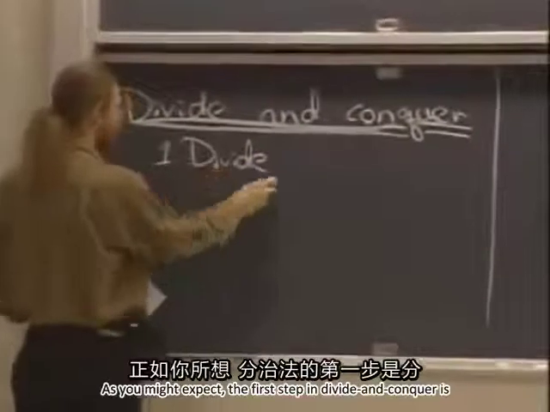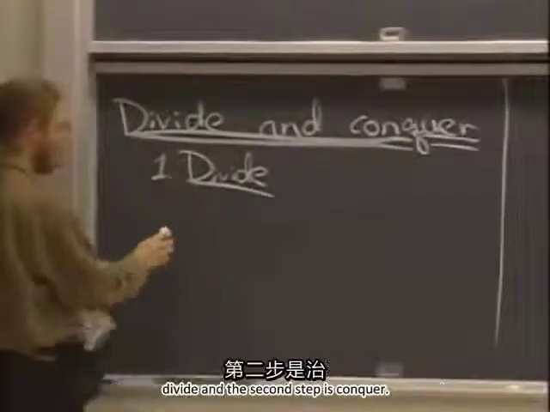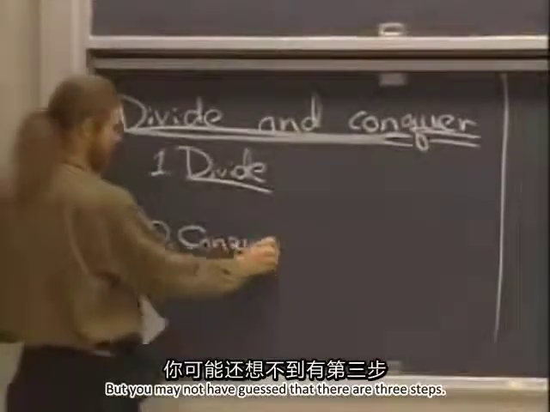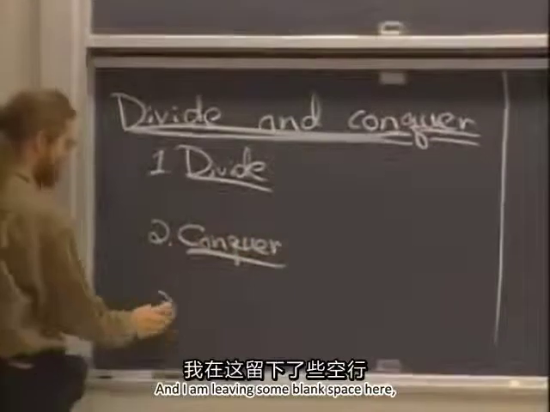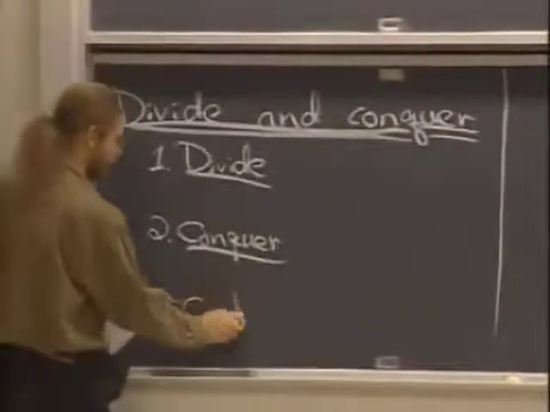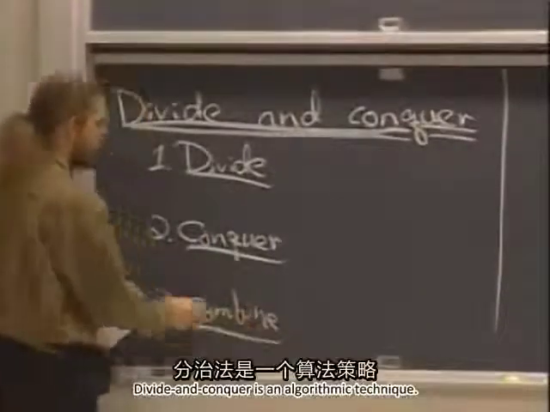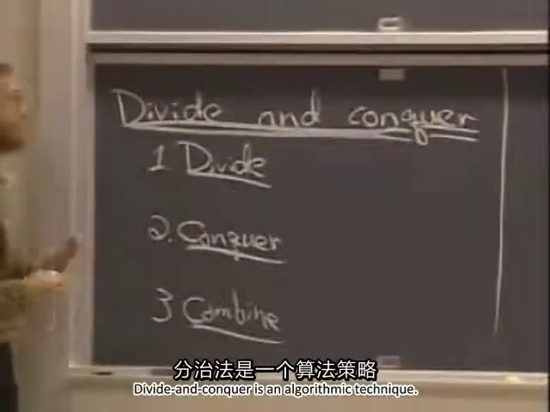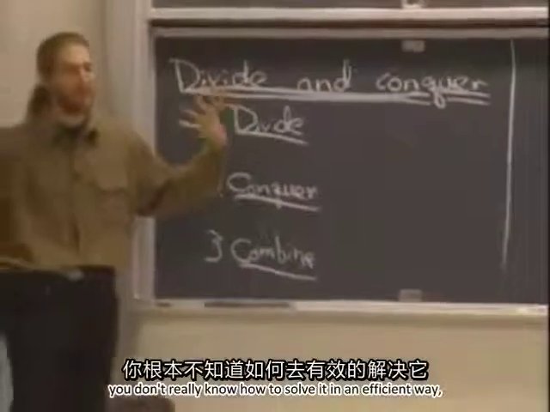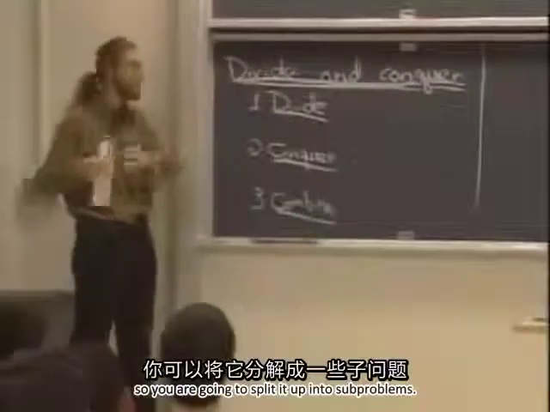So as you might expect, the first step in divide and conquer is divide, and the second step is conquer. But you may not have guessed that there are 3 steps, and I'm leaving some blank space here, so you should too. So divide and conquer is an algorithmic technique. You're given some big problem you want to solve. You don't really know how to solve it in an efficient way, so you're going to split it up into subproblems.